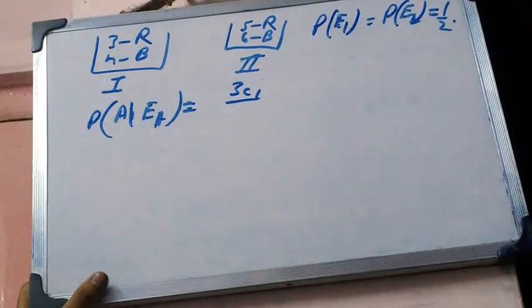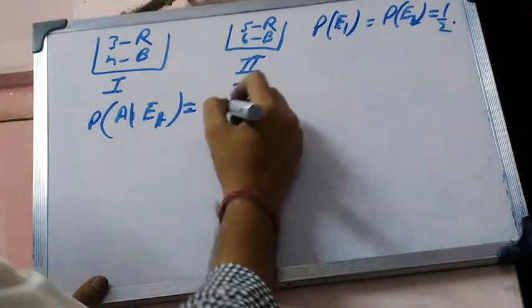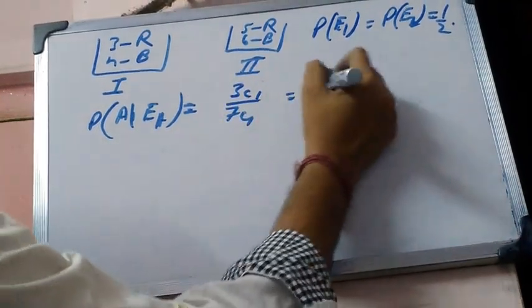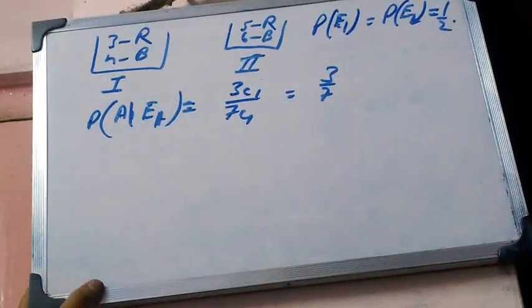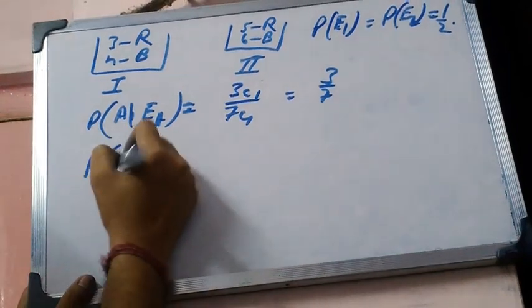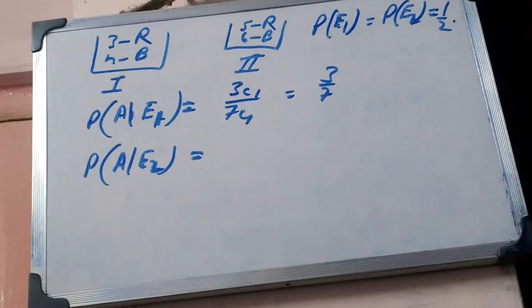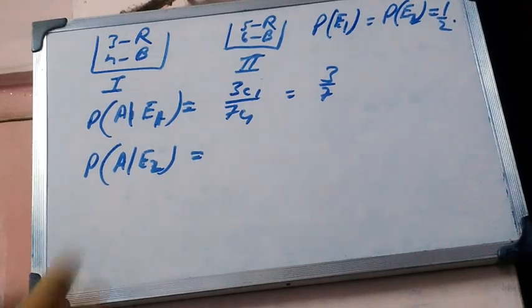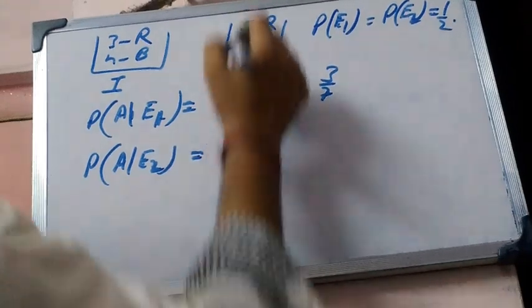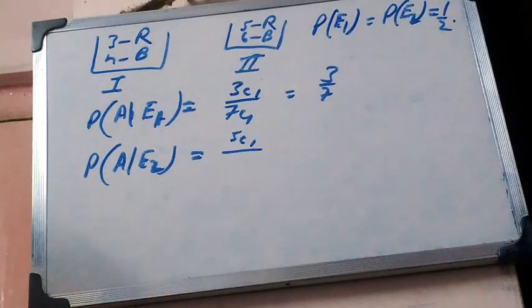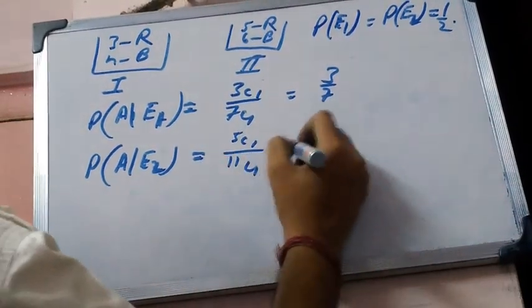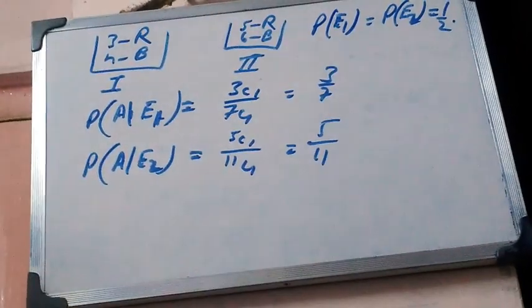In total there were 7 balls, so it's 7C1. So it will be 3 by 7. Now probability of A given E2, the probability of choosing a red ball from the second bag. There are 5 red balls in the second bag, so it's 5C1 by, in total there were 11 balls, 11C1. So it's 5 by 11.